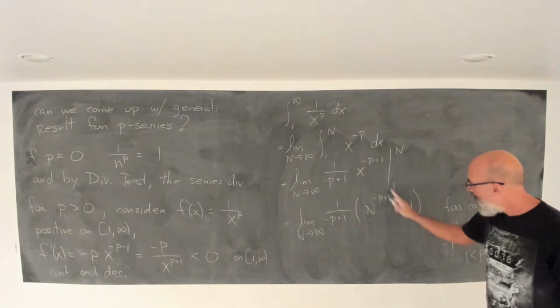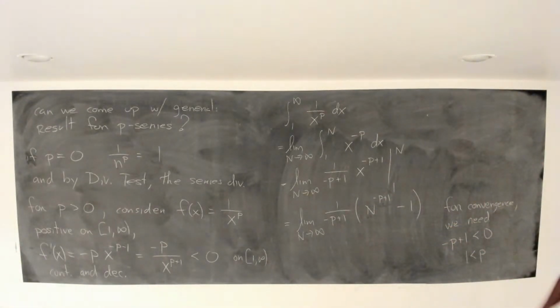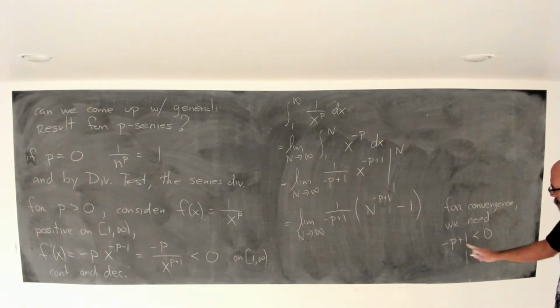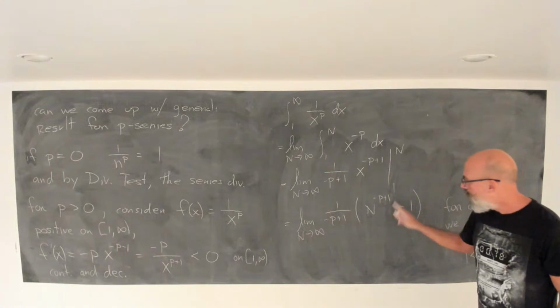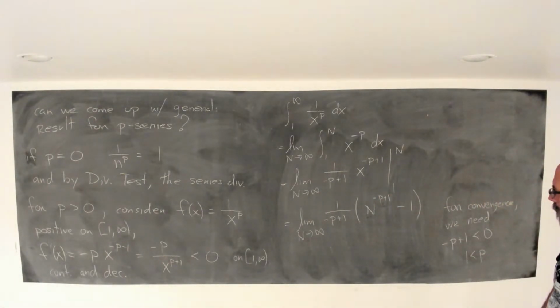If it's the opposite, if minus p plus 1 is bigger than 0, in other words, if p is less than 1, then this is going to diverge.